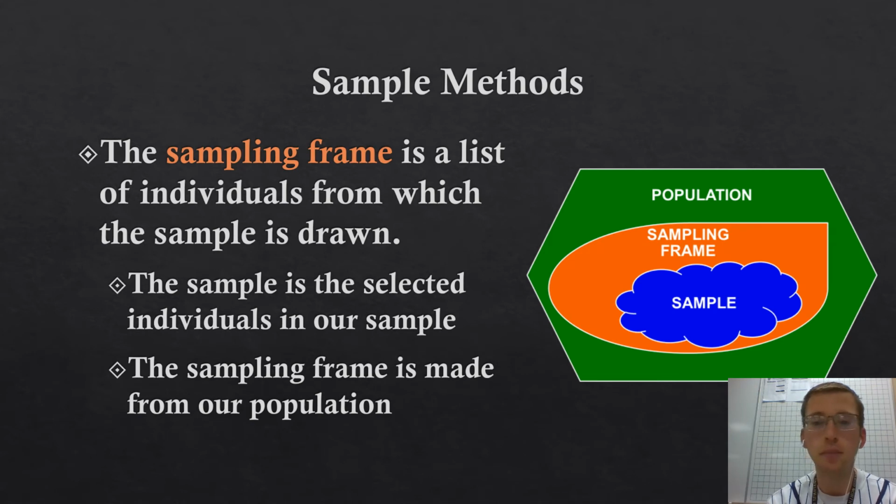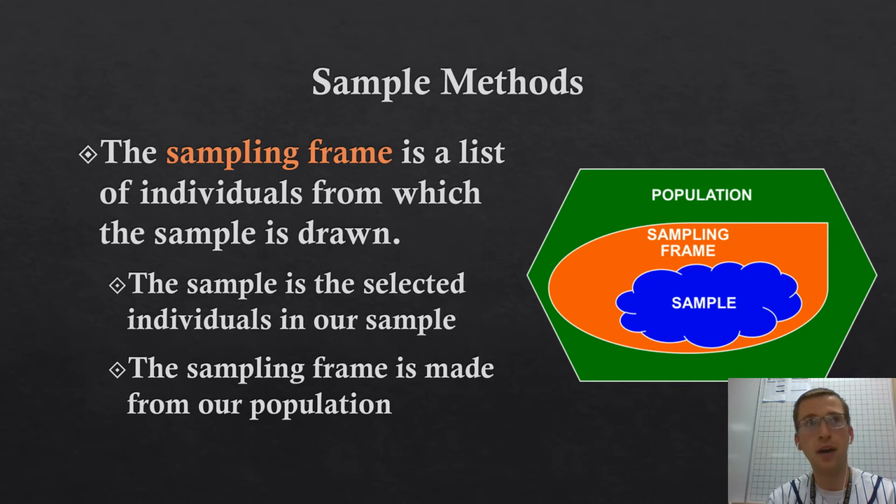Let's talk a little bit about sampling in general. So of course we have our population. This is the group of people or things that we want to know more about. But we know it's very unlikely to actually sample that entire population. So we first start with what's called a sampling frame. The sampling frame includes any subjects that we could potentially have within our sample, okay?